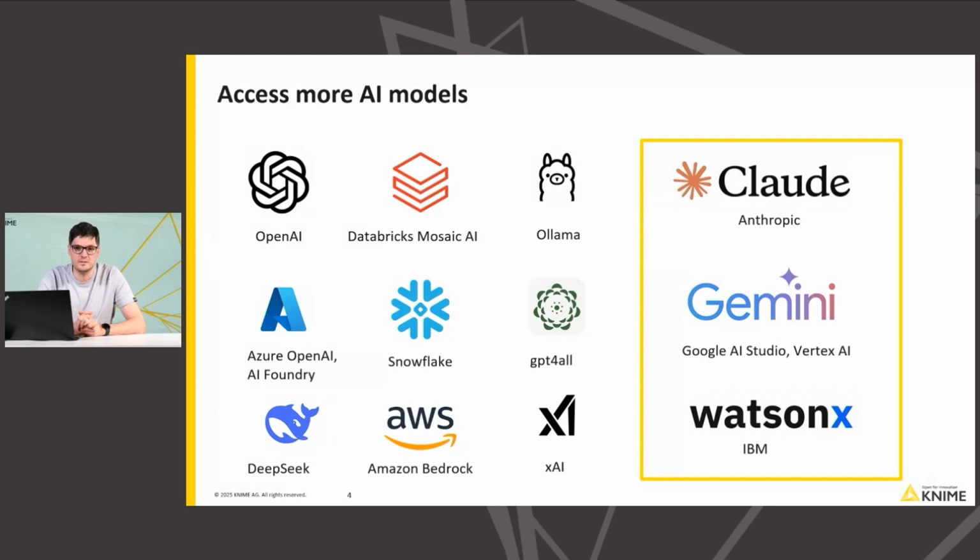With the latest release, we have now added 3 new models: Claude from Anthropic, Gemini from Google, and Watson X from IBM. You can use them all together with the AI integration, and also in the great AI agent framework that was shown by Emilio.